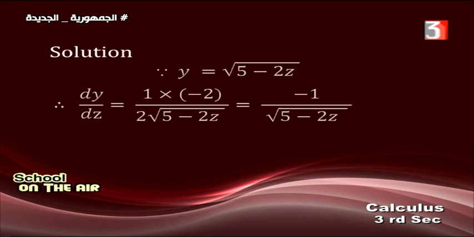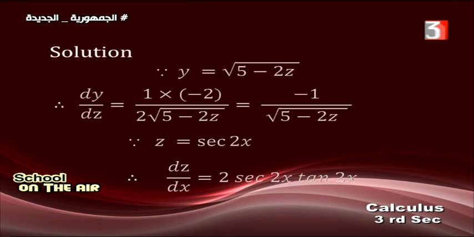Then dy/dz equals negative 1 over square root of 5 minus 2z. Now we have z equals sec 2x. Then dz/dx equals the derivative of sec 2x, which equals 2 times sec 2x tan 2x.